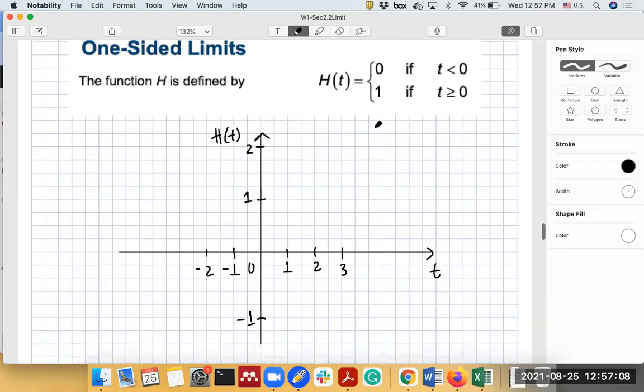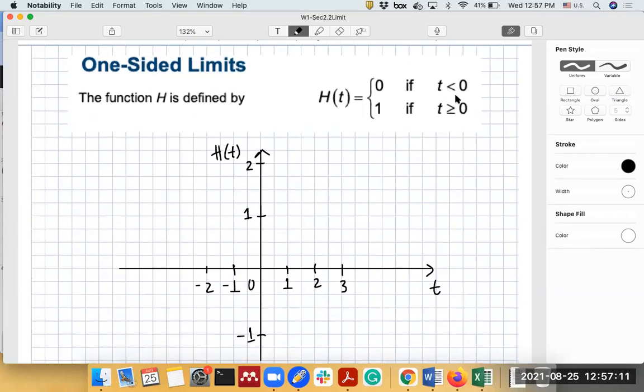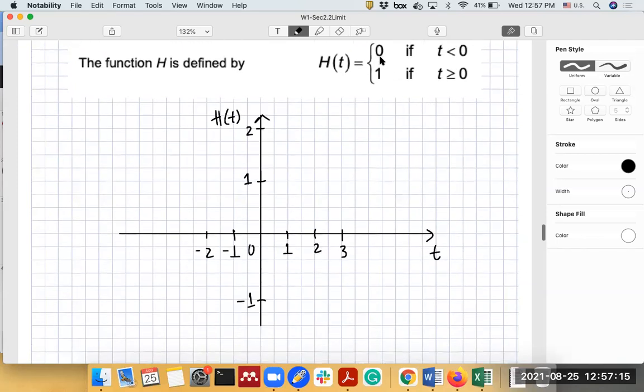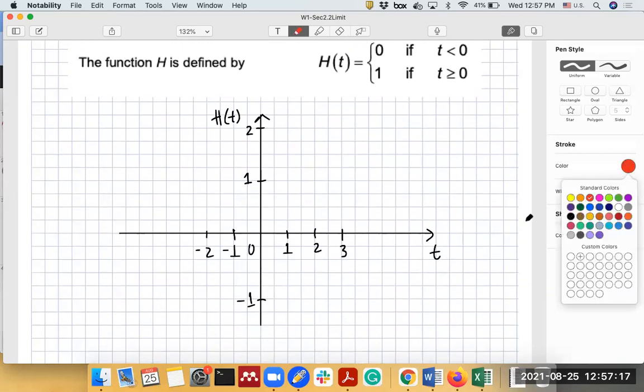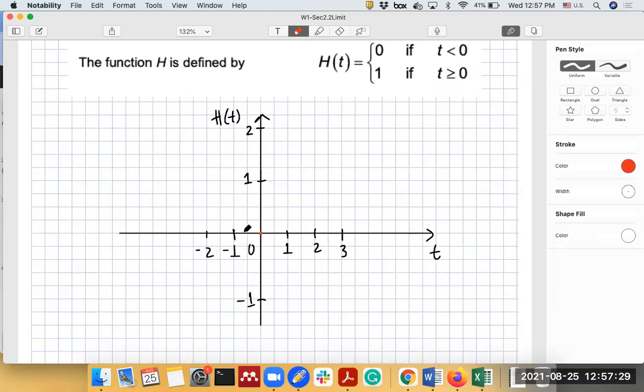So from this definition, if t is strictly smaller than 0, then the y coordinate will be 0. Where is 0 in the y coordinate? It should be from here, right? Do you agree?